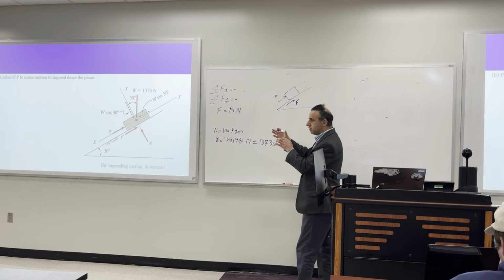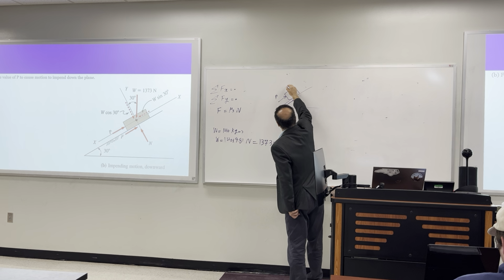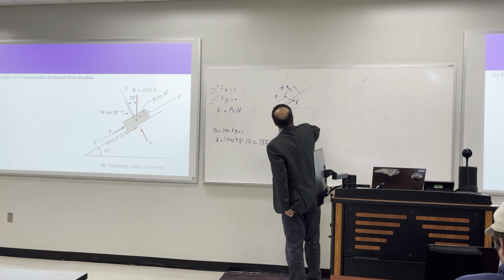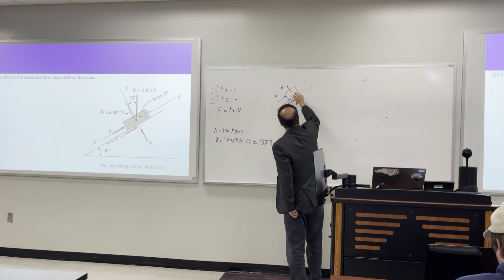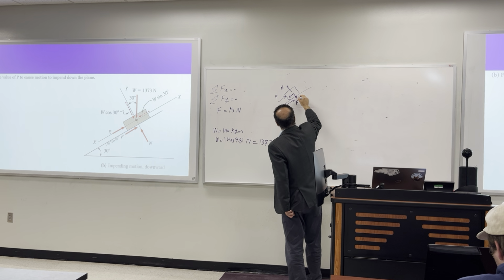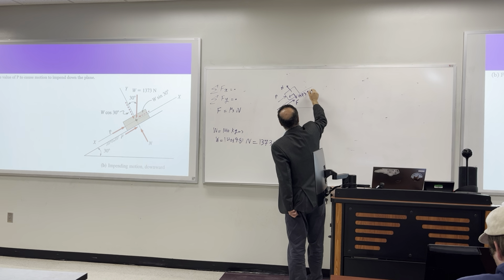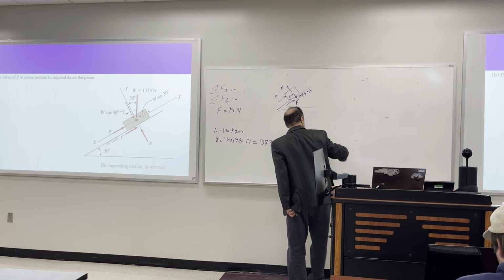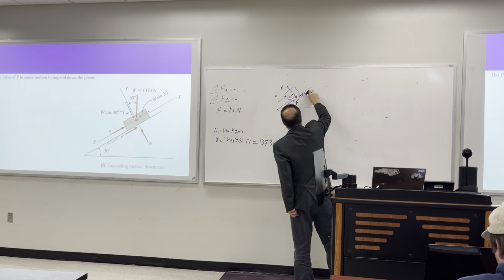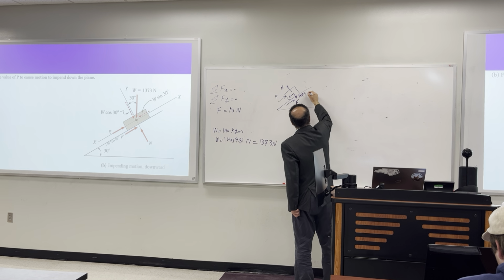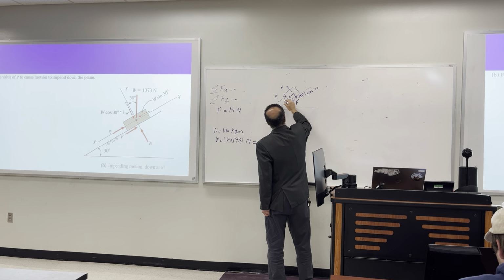Where do you pick that F? My N is again this direction. So I know my forces, cosine 30. This is sine 30.